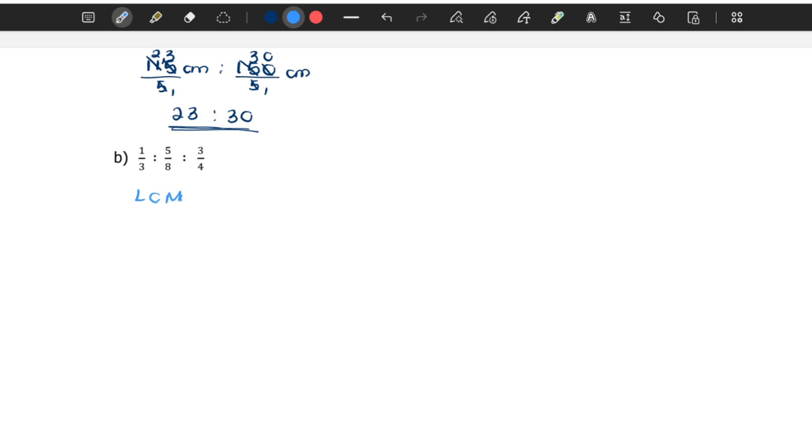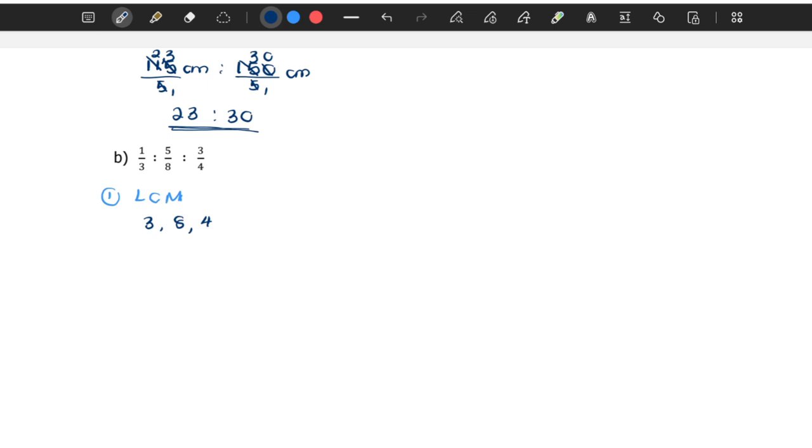And so finding the lowest common multiple, we have the denominators. Our denominators are 3, 8, and 4. So what is the lowest common multiple, right?